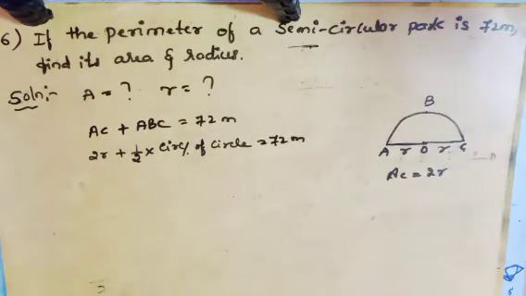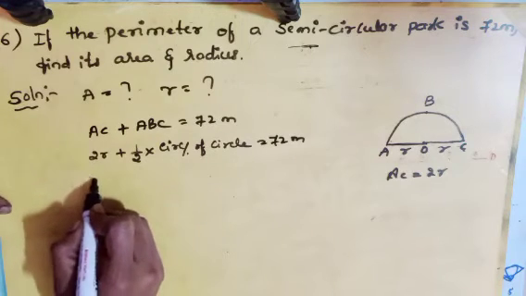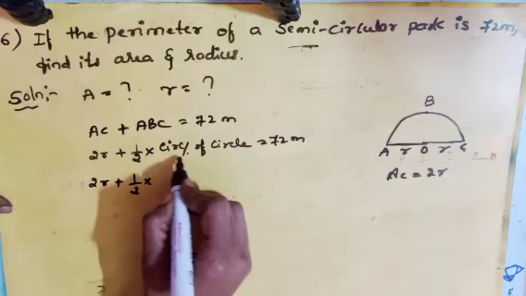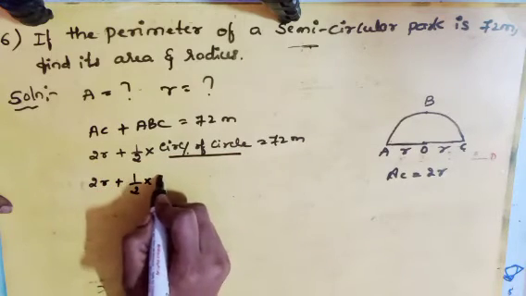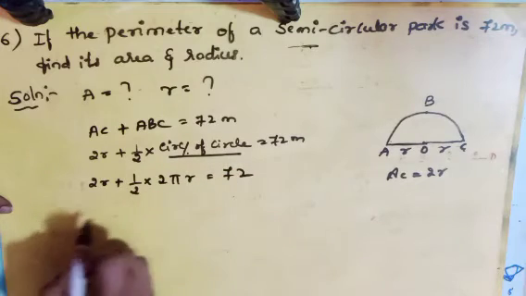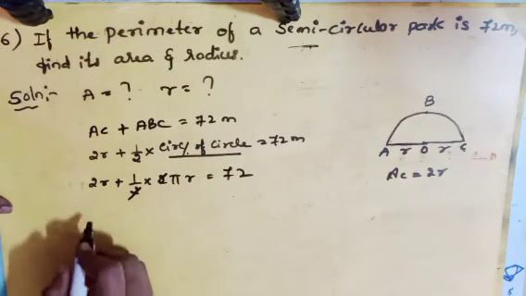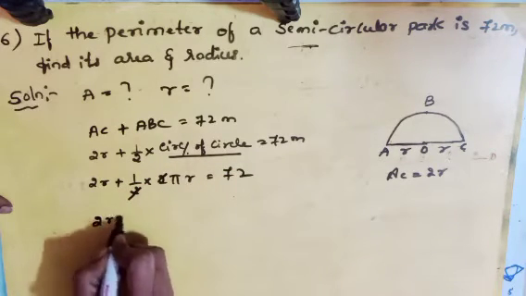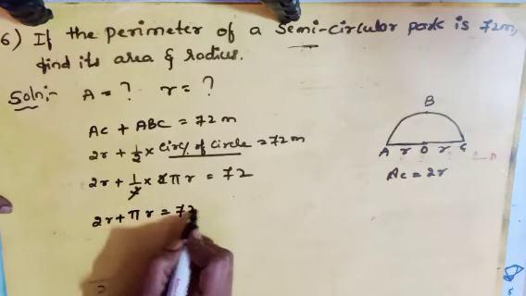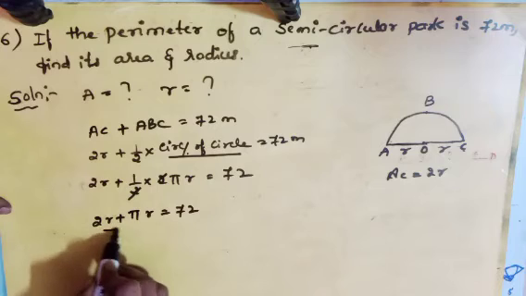So here I will write 2R as it is, plus 1/2 as it is. The formula for the circumference of a circle is 2 pi R, equals 72. Next, this 2 gets cancelled. So what will we get? 2R plus pi R equals 72.